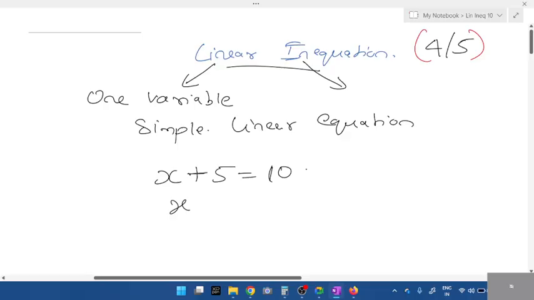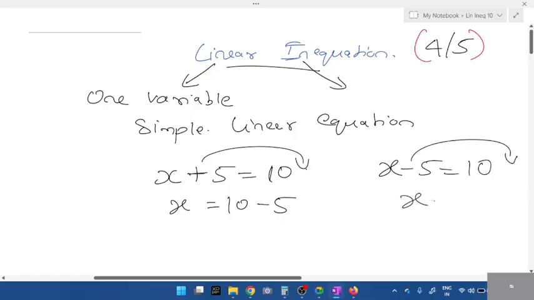What happens to plus 5? Yes, if plus 5 goes to the other side it becomes 10 minus 5, right? So addition becomes subtraction. What about this question? Minus 5 goes to the other side becomes plus 5, right?